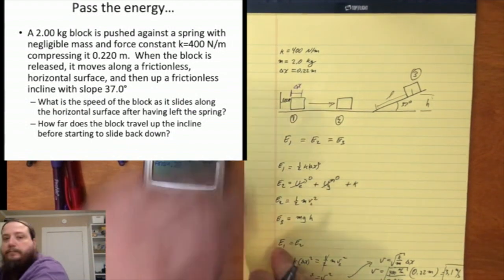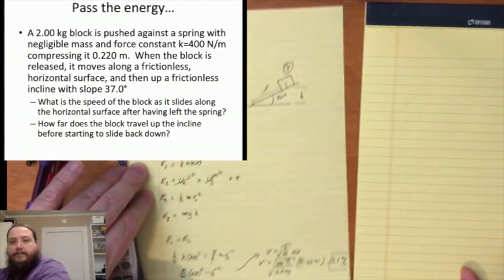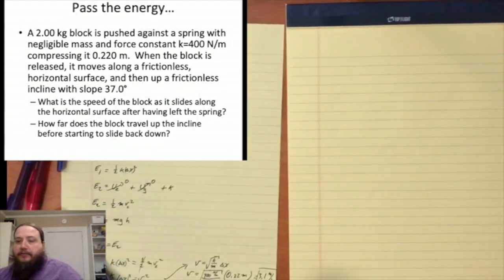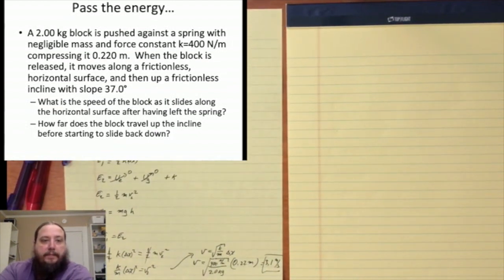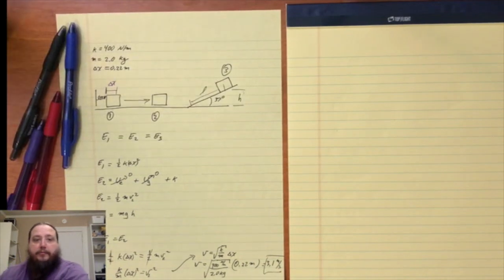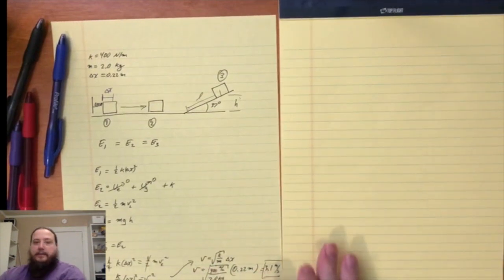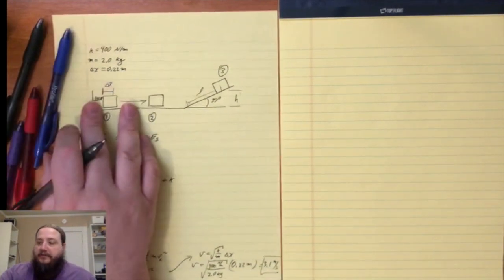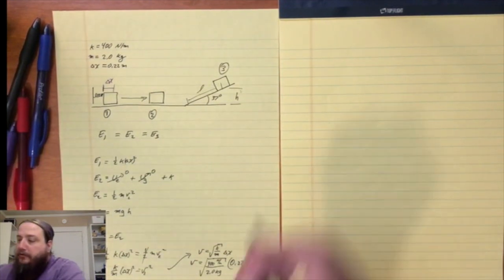Okay. And if we wanted to then ask how far up the block does it travel before it starts to slide down. All right, so that's going to be relating one of these energies at moment 1 or moment 2 to the energy at moment 3.